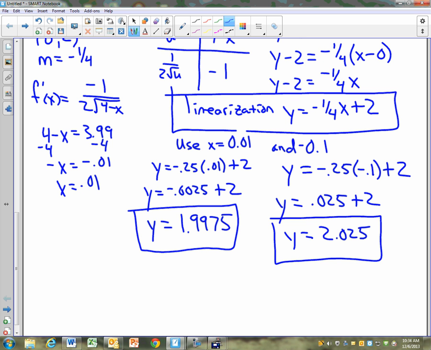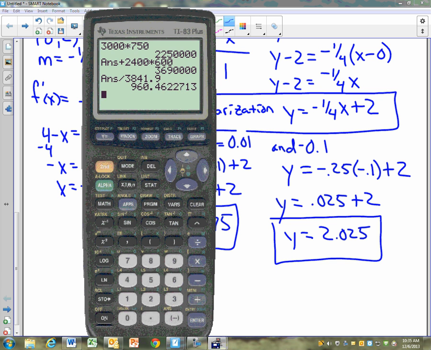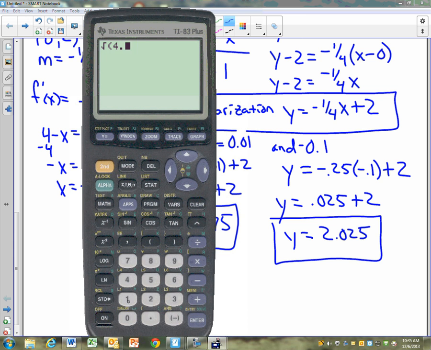The square root of 3.99 or the square root of 4.1? Square root of 3.99, that's only a change of 0.01, whereas the 4.1 is a change of 0.1. So we're guessing that this is going to be a little bit further off. If I check on my calculator, the square root of 4.1 is 2.0248, still pretty good. So can you see the value in it? Okay, we have other stuff to cover, but we're not going to get through it anyway, so let's just give you the front half of your assignment, and you can start working on these skills. We'll finish this up on Monday.